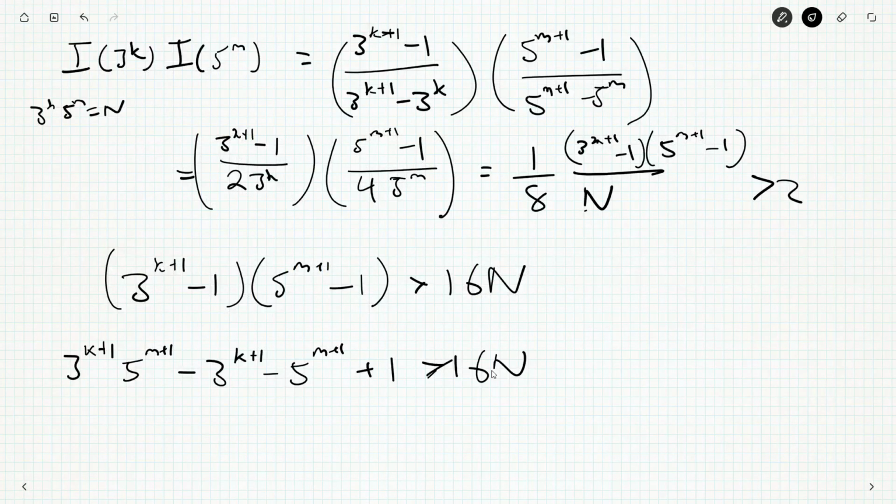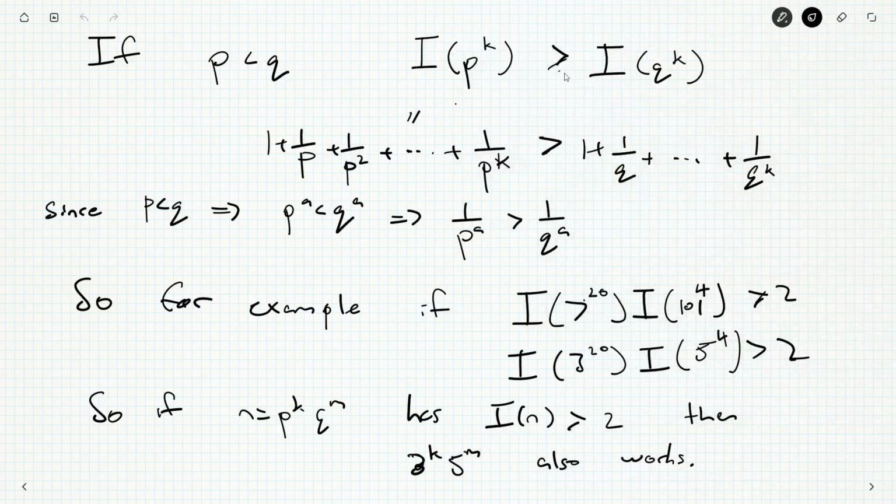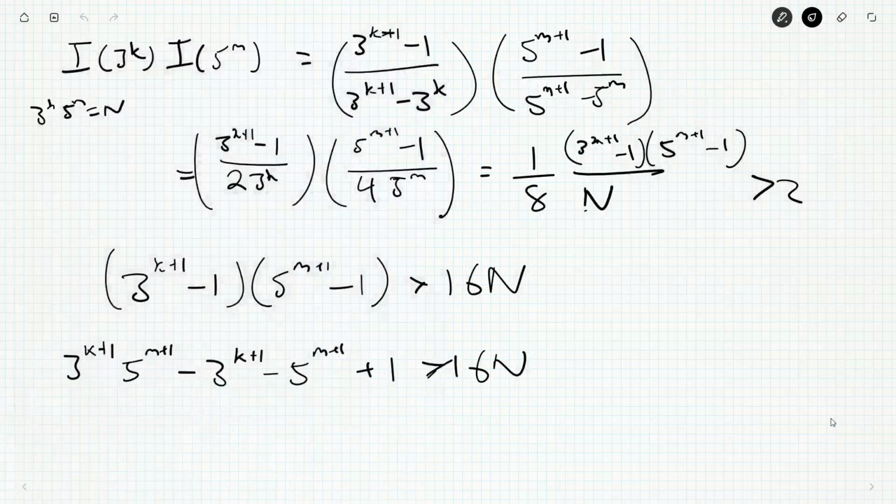Can I assume something like 3 is k? Because that would be nice. Yeah, I think not 3 is k, but 3 is the one that goes with the higher power. We can assume k is greater than or equal to m.